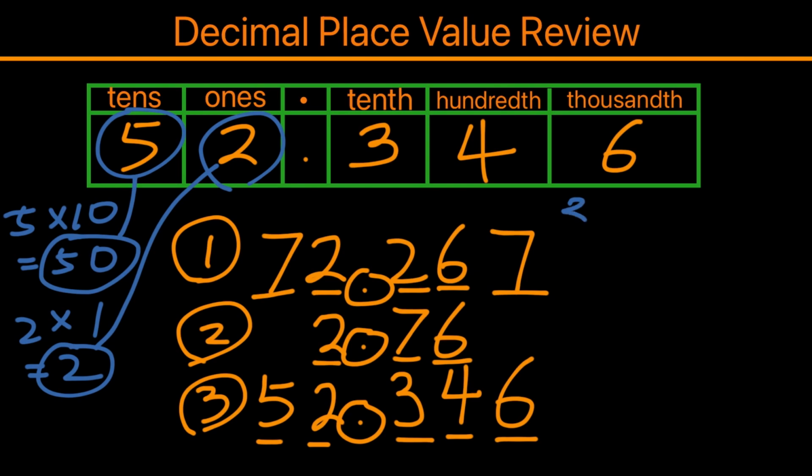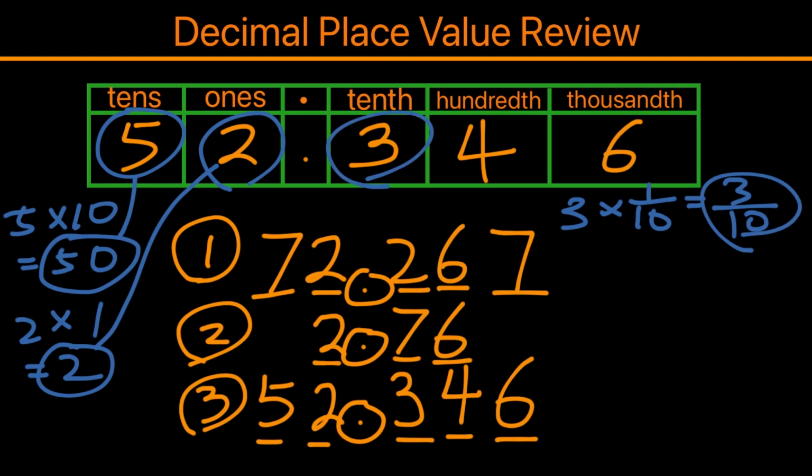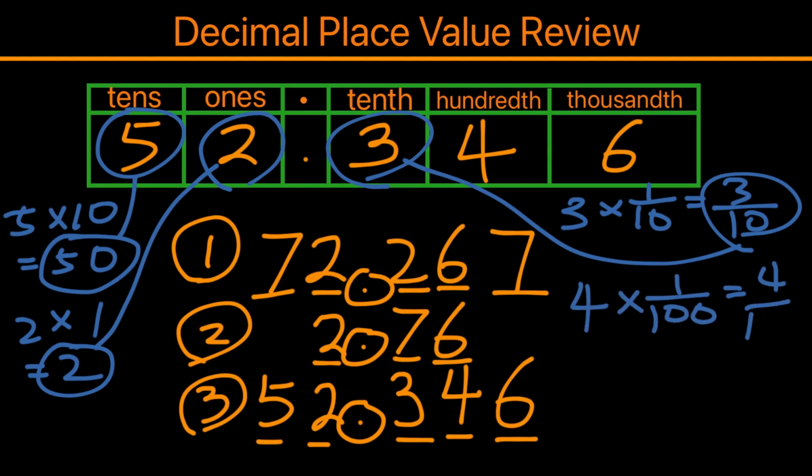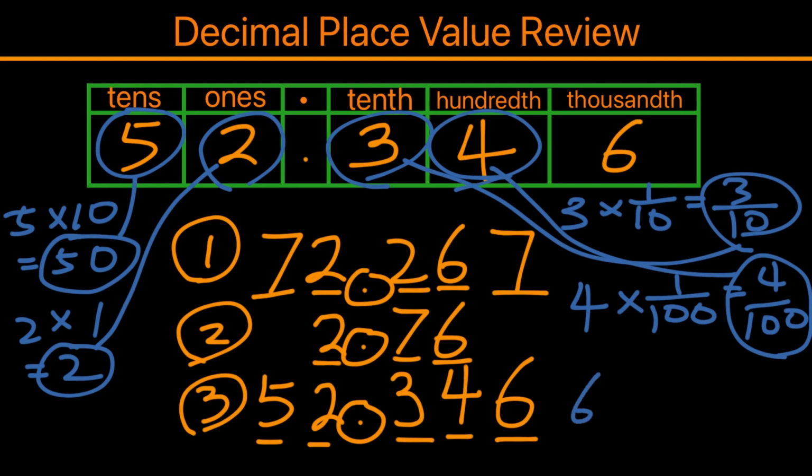And the 3, 1 tenth, we have 3 tenths. That means the 3 has a value of 3 tenths. And 4 times 1/100 equals 4 hundredths. And lastly, the thousandths, 6 over 1000.